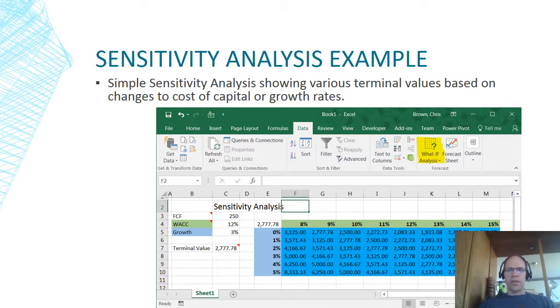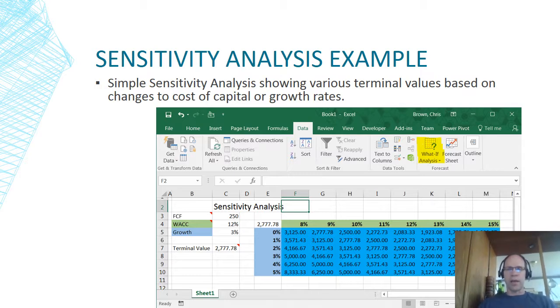And so you can see in this table here, going across the top is changes to the weighted average cost of capital. Going down the column is changes to the growth percentage. And these numbers show the impact to that terminal value calculation.